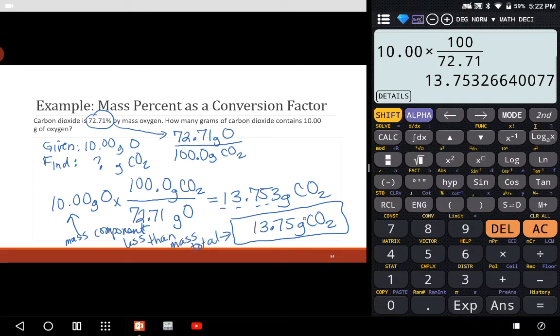Because we know that the mass of carbon would have to be added to that 10 grams in order to get up to 13.75 grams. So that's a good double check to make sure that you have your conversion factor set up correctly.